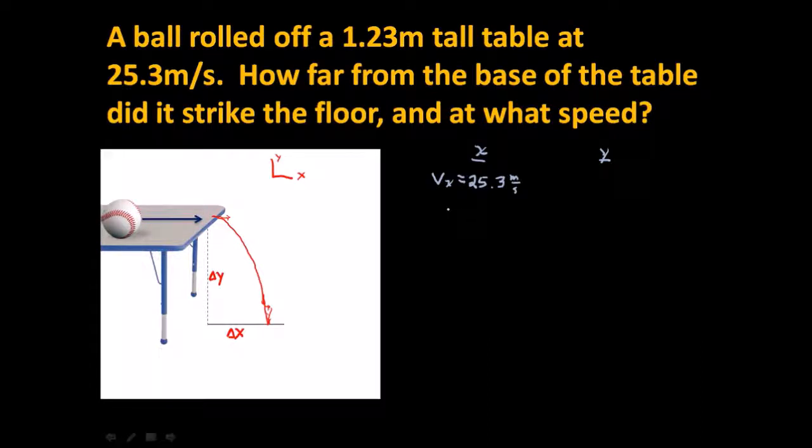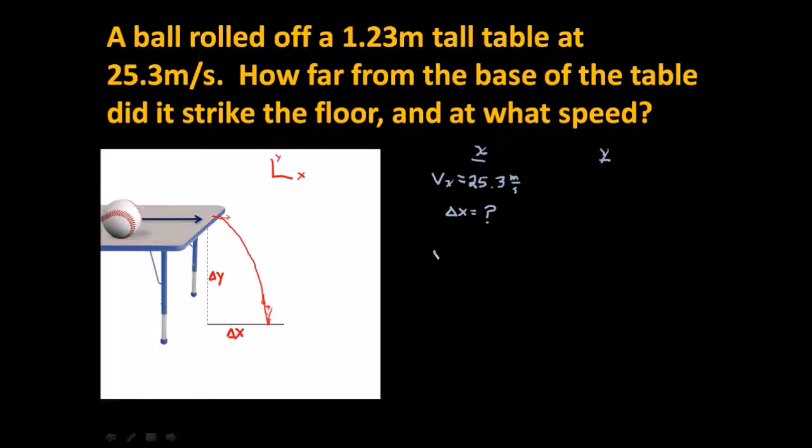Our displacement in the X direction is what we're trying to figure out, so we'll call that delta X, and we'll put a little question mark past it. Now, since it's moving at constant velocity, the equation we're going to be using is the basic one you learned in Algebra 1 class, distance equals rate times time. In physics, we learned it a little bit differently.